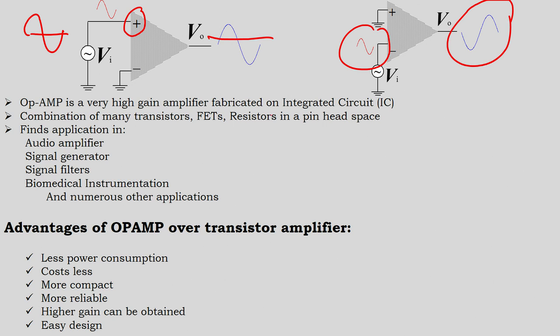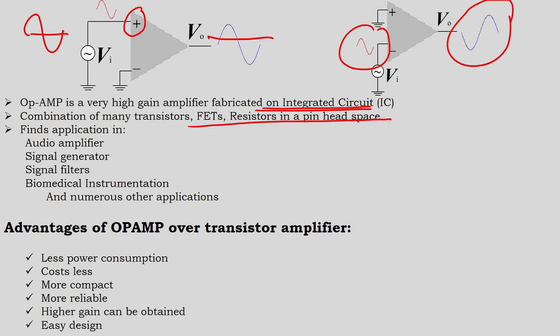An op-amp is a very high gain amplifier fabricated on an integrated circuit, right, that we know, a combination of many transistors, FETs, and resistors in a pinhead size space. Now, we also know that recently when we talk about op-amps, they have billions of transistors, but all are MOSFETs, right, very few or almost none use BJT technology anymore.